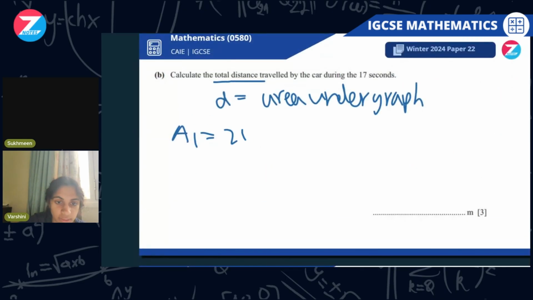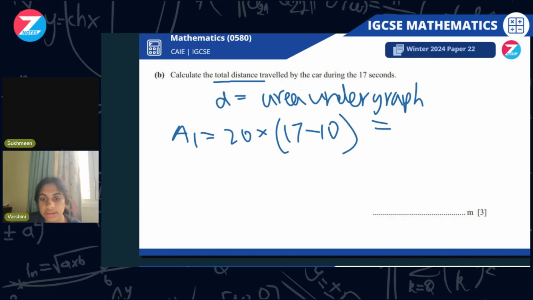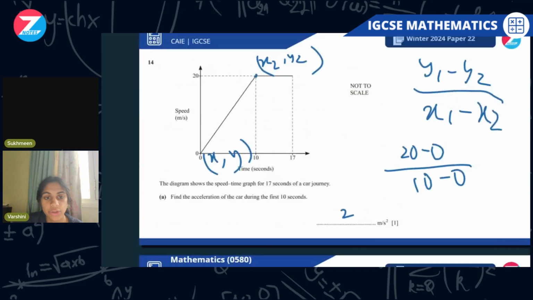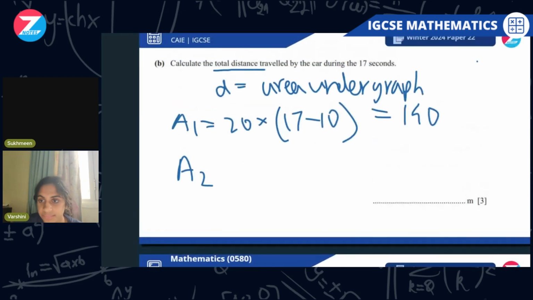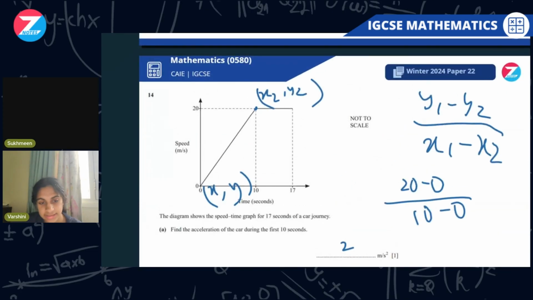So it's going to be 20 times 17 minus 10, which is 20 times 7, which will be 140. So now for area 2, we want the area of the triangle. And we know for a triangle, it's equal to half times a times b, for any right angled triangle. And this is right angled. We can tell this is right angled.